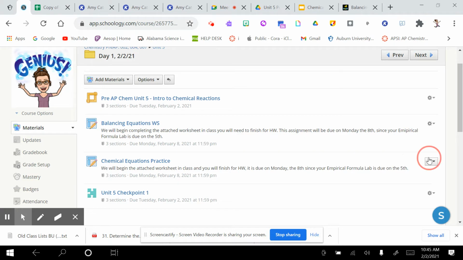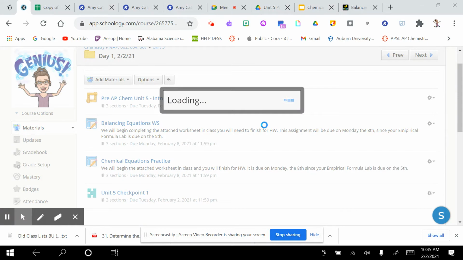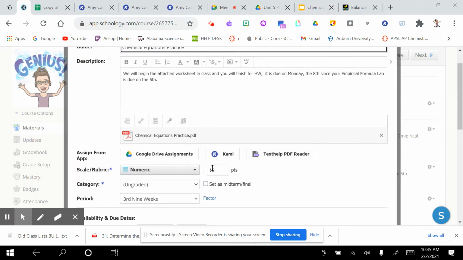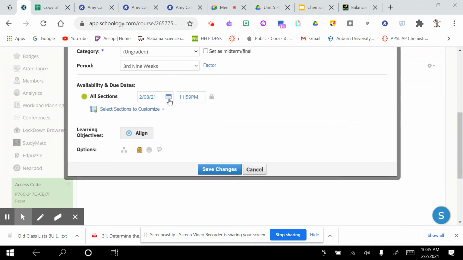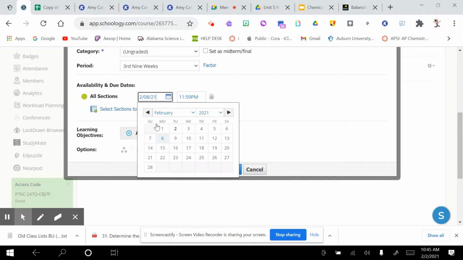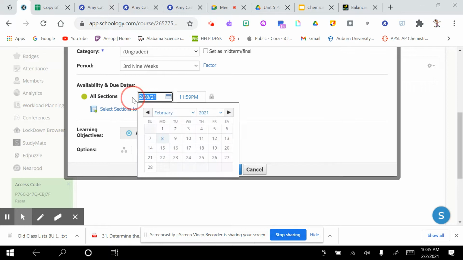And this chemical equations practice I have made ungraded, meaning it's not worth any points. So you don't have to do it today. I actually don't know how to take the due date off of it, but anyway, it's not due today.